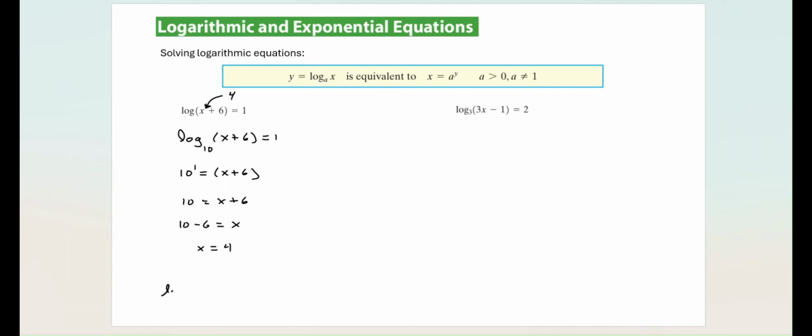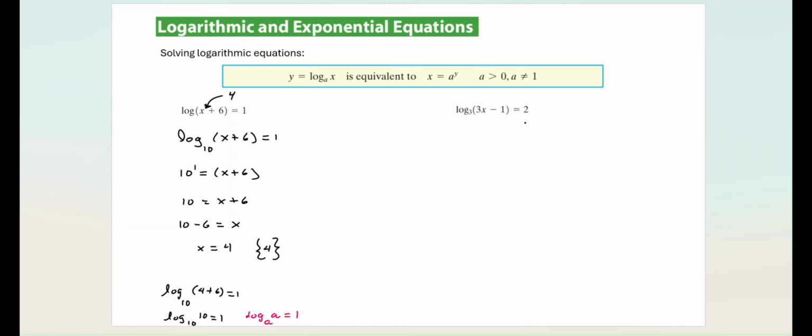So you say log in base 10 of x plus 6, but you know that x is 4, so you say 4 plus 6 equals 10. So you get log in base 10 of 10 equals 1. And we know that the answer is correct because remember that we have one property. Let's say that the log in base a of a is equal to 1. So yes, the solution of this logarithmic equation is 4.